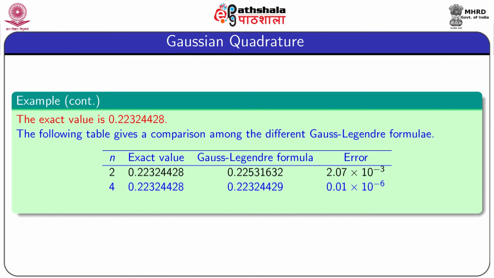For n equal to 4, the absolute error is 0.01 into 10 to the power minus 6. The error is very small compared to n equal to 2. That means the 2-point Gauss-Legendre formula gives more error than the 4-point formula. Also for the 6-point formula, the absolute error is 0.01 into 10 to the power minus 6. The order of error in the 4-point and 6-point formulas is the same.